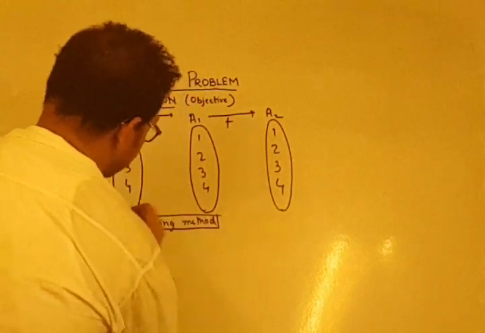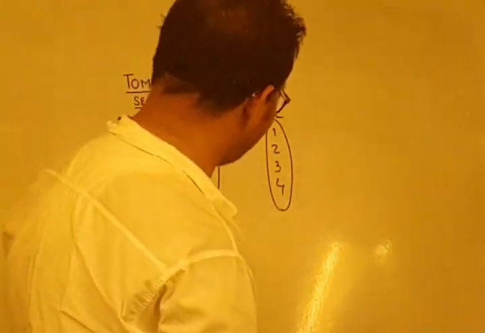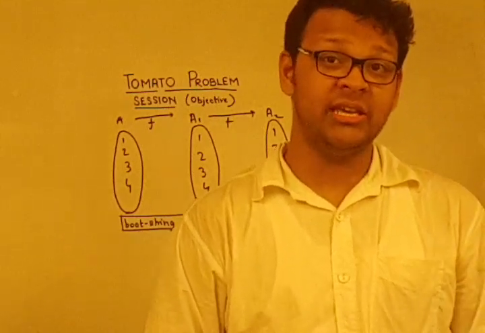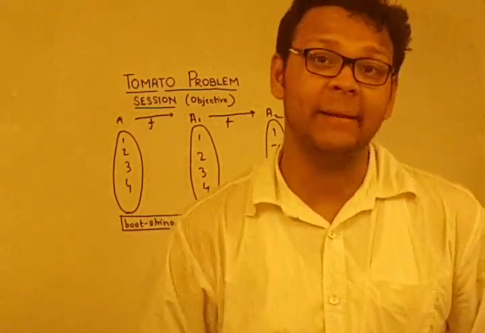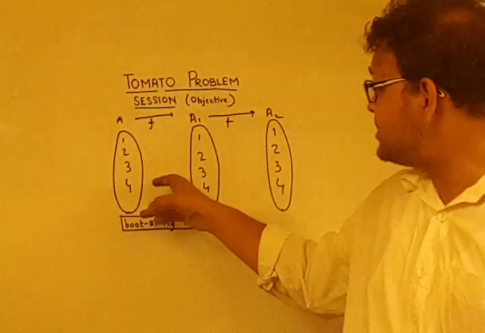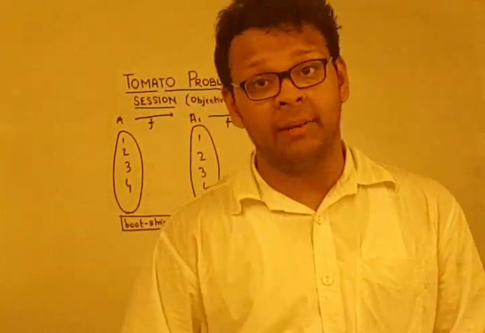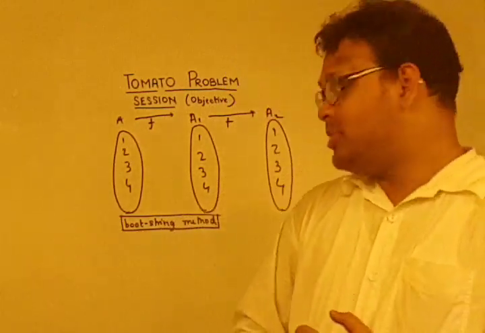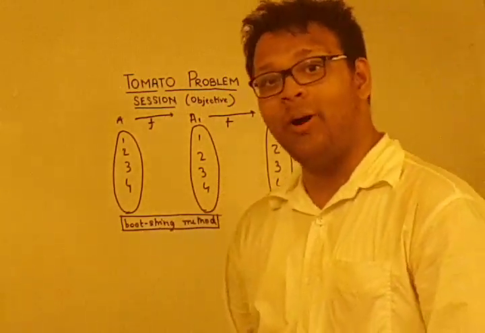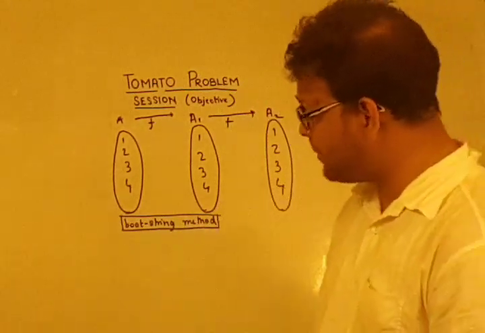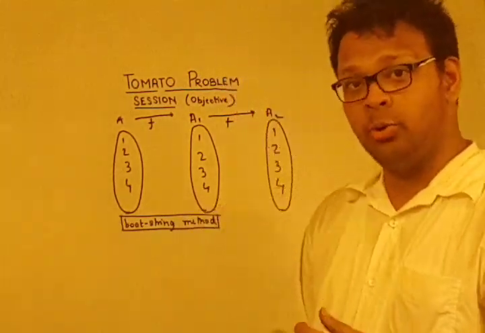The bootstring method is a very important method in counting problems like these, especially when you have functions that are double mapped or triple mapped or multi-mapped. So why is it the bootstring method? You will easily know why after we go to the solution part.